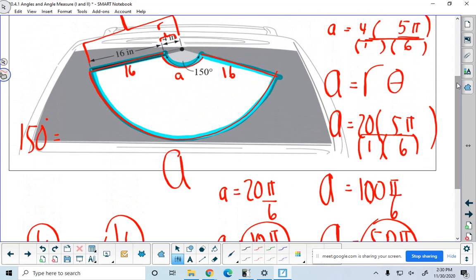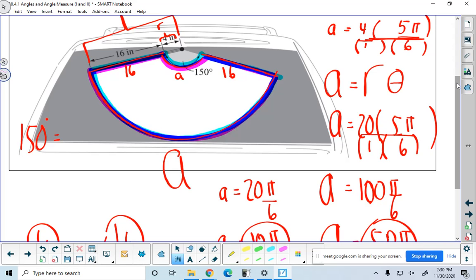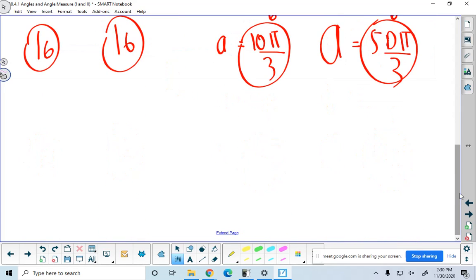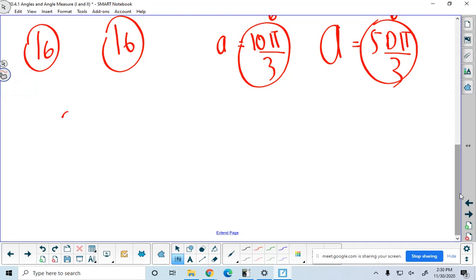Looking up here, just in case you need a little bit of extra guidance, we have to take 10 pi over 3 plus 50 pi over 3 plus 16 plus 16. And that will do it. That will give us the perimeter. What do we get? We get 32. 16 plus 16 is 32.